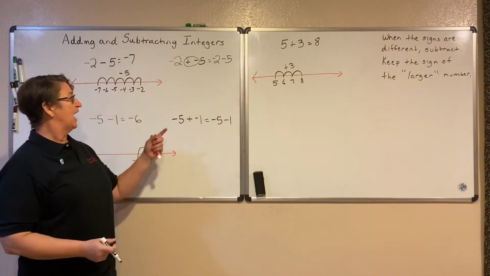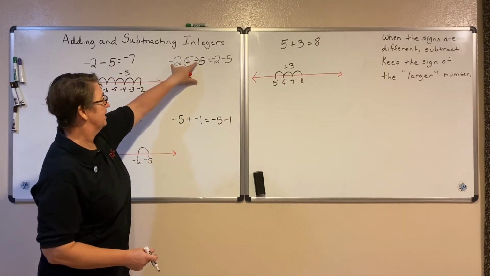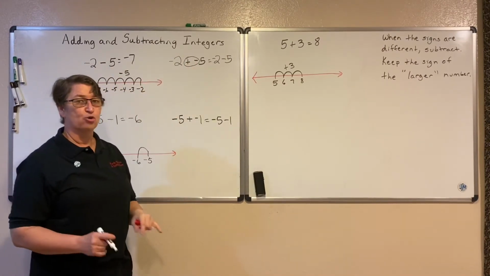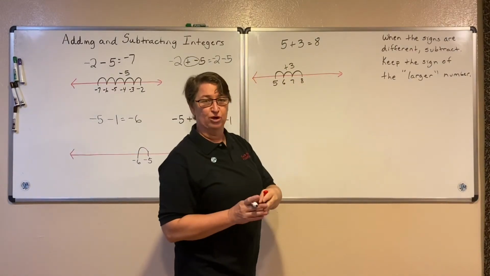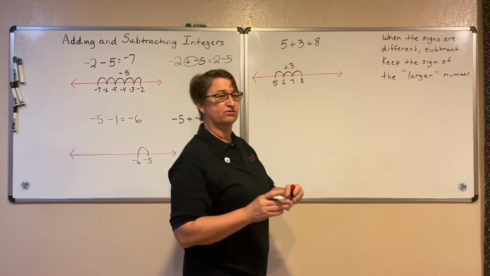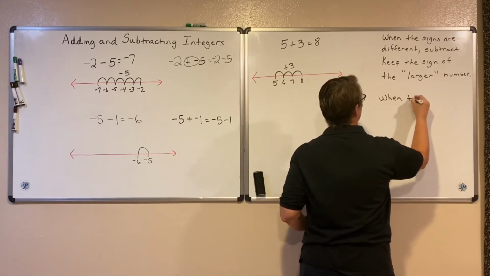So when the signs are the same, when they're both negative, or when they're both positive, then we add the two numbers and we keep their sign.